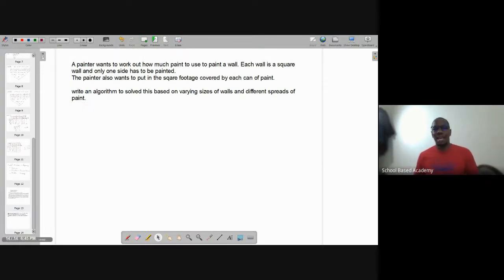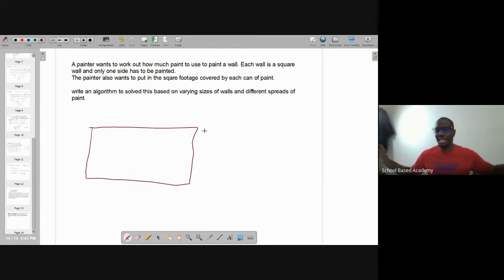All right. Let's just say we have a wall. If we have a wall, and this wall is a rectangular wall, we're not going with any fancy wall. So we know in a rectangle we have a height and we have a width. And we want to paint this wall, so we want to find out the square footage of this wall. And we know also we have two things that we have to solve here.